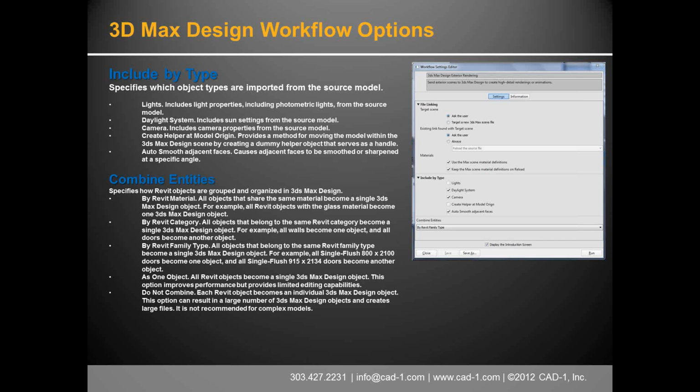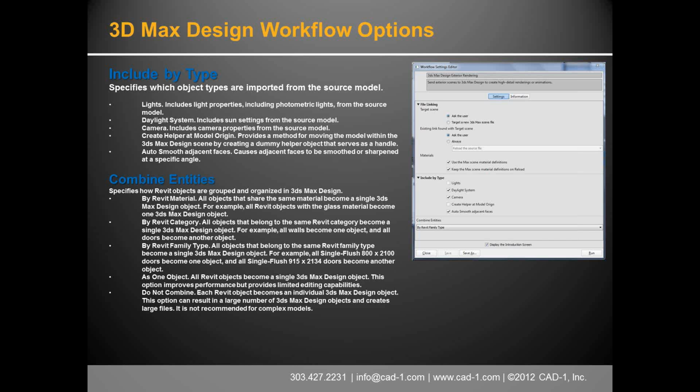And then we also have the smooth adjacent faces. It just causes things to be a little bit sharper when we're bringing those in. The other part is this combine entities option that we find down at the bottom. We could bring in the whole model as individual pieces, so each wall is its own element, each roof is its own element. We can combine those by categories, which is what we're most familiar with.